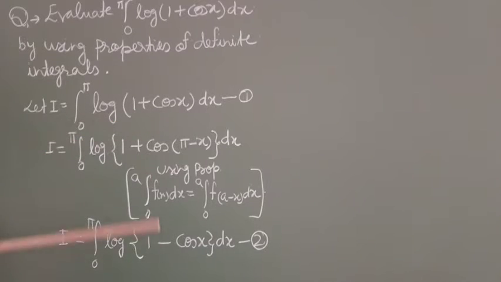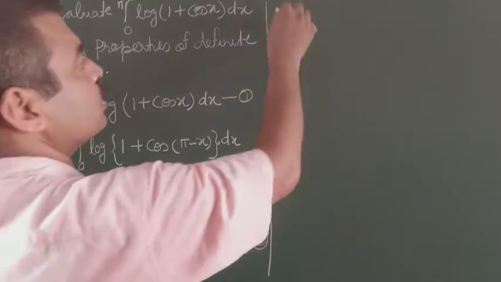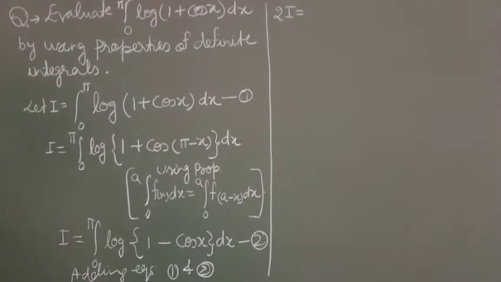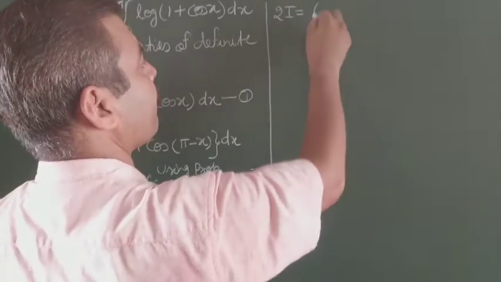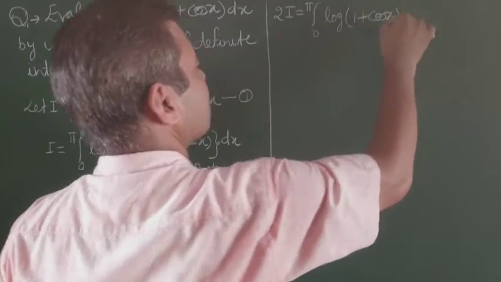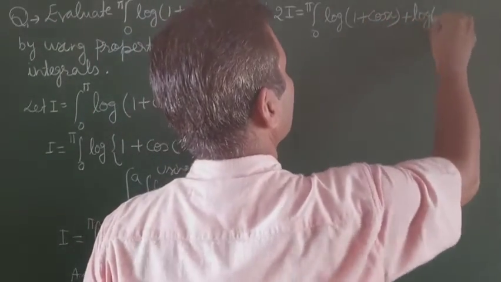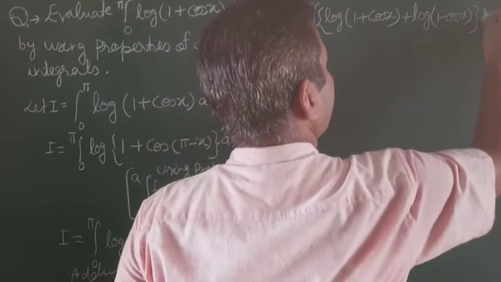Let us add equations 1 and 2. When we add equations 1 and 2, it will become 2I equals the integral from 0 to pi of log(1 plus cos x) plus log(1 minus cos x) dx.